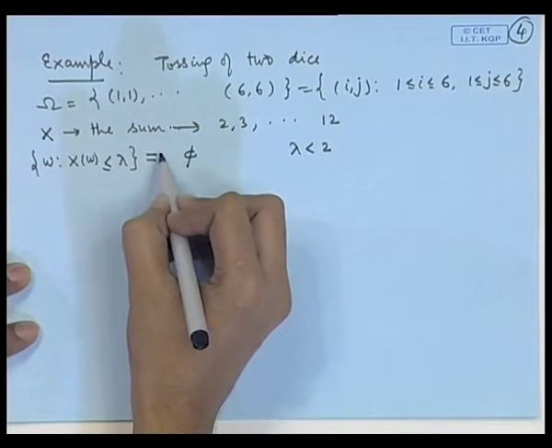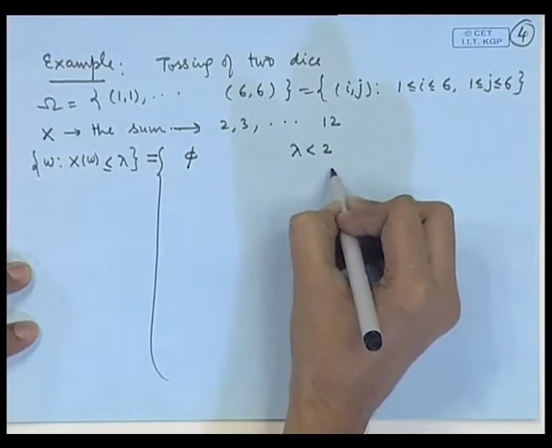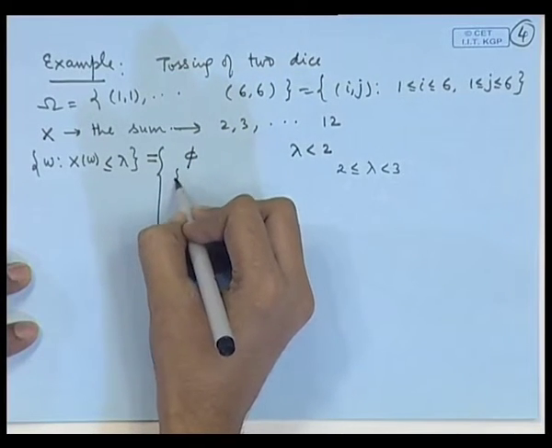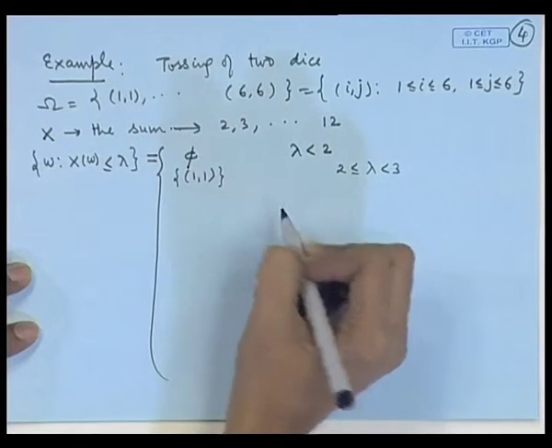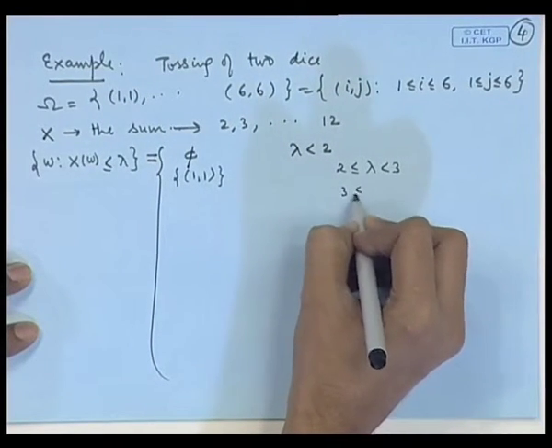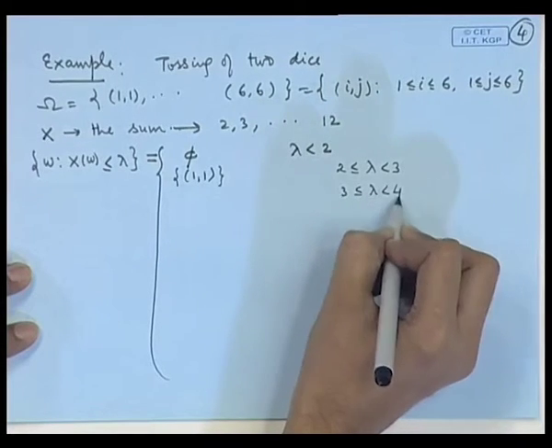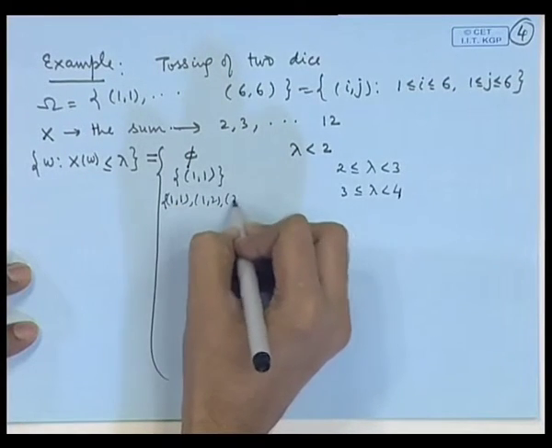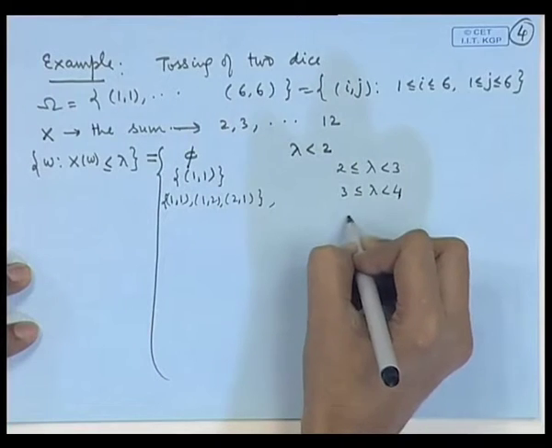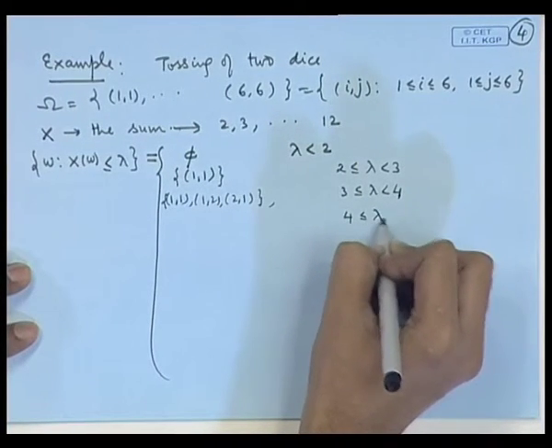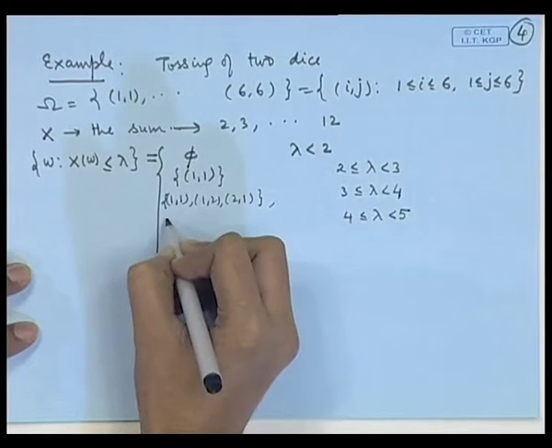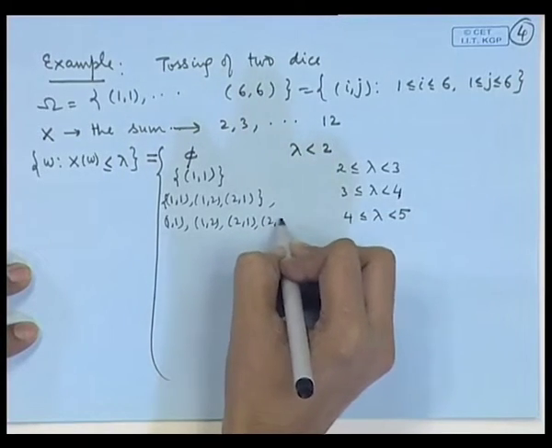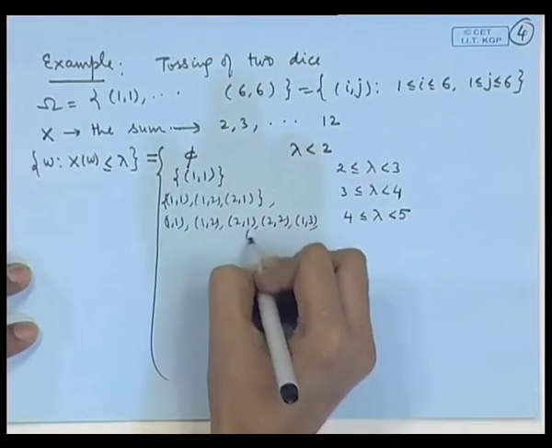If lambda is between 2 and 3, then I have the point (1,1). If lambda is greater than or equal to 3 but strictly less than 4, we will have (1,1), (1,2), (2,1). If lambda is greater than or equal to 4 but strictly less than 5, then this will be (1,1), (1,2), (2,1), (2,2), (1,3), (3,1).